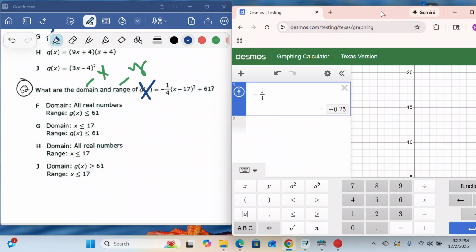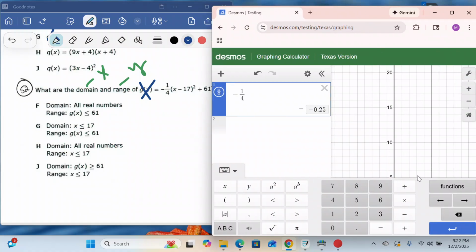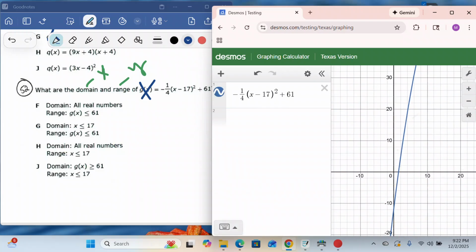And I'm going to do the space. I'm going to move decimals a little over. I'm going to open parentheses, x minus 17, close parentheses, quantity squared, positive 61, and then I have my graph.